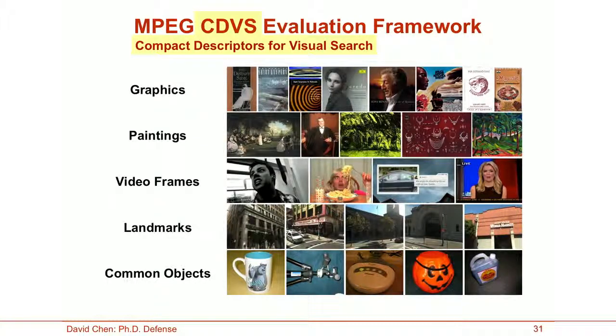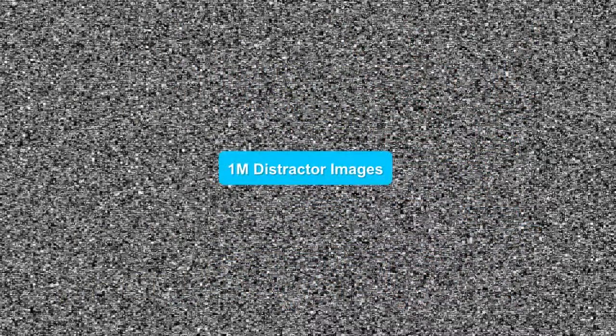Within this dataset, there are 5 categories of images: graphics, paintings, video frames, landmarks, and common objects. There are about 10,000 of these images, of which only a small selection is shown here. To test large-scale retrieval performance, these images are further embedded into a sea of 1 million distractor images.